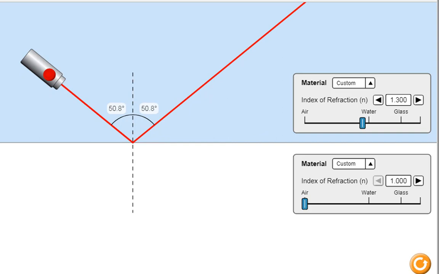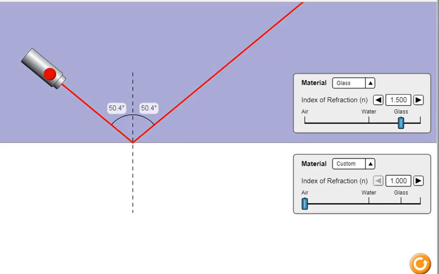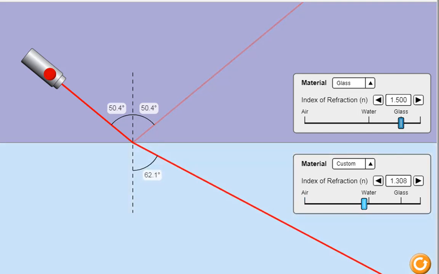So we hope that's the minimum incident angle that causes total internal reflection, which is another way to define critical angle, 50,4 degrees. Now I'm going to put medium 1 as glass and medium 2 having a refractive index of 1,3. And we can see that 50,4 degrees is not the critical angle.